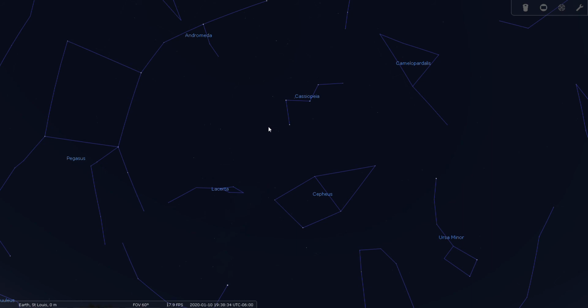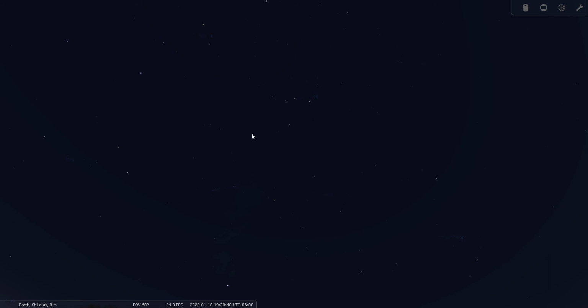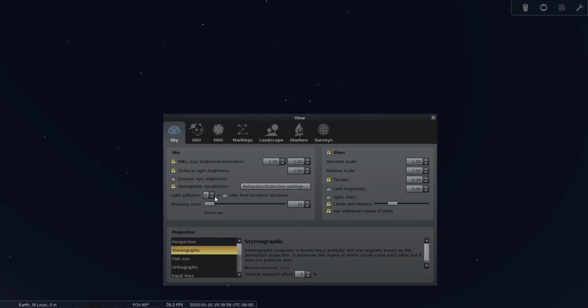Okay, let's have a look at another Messier object in Cassiopeia, M105. You thought I forgot, didn't you? My favorite part is when I darken the sky and simulate the night sky from a dark location. Let's do that.